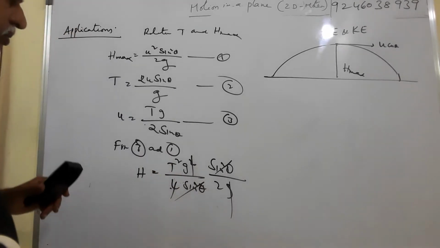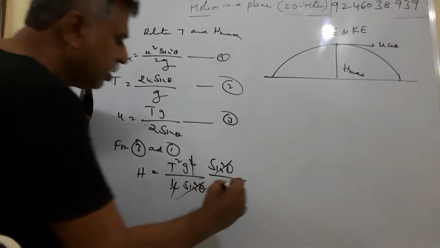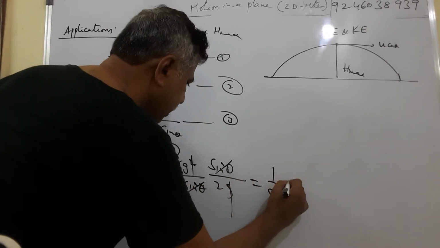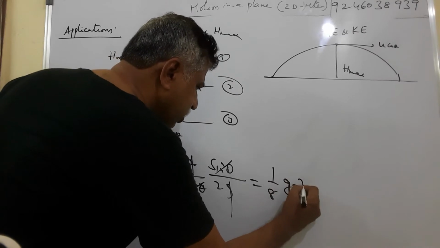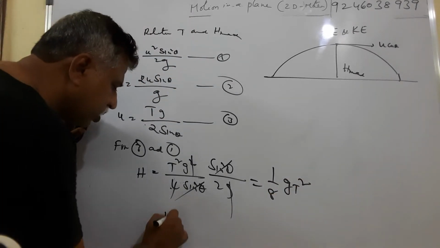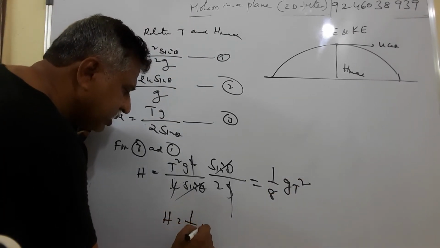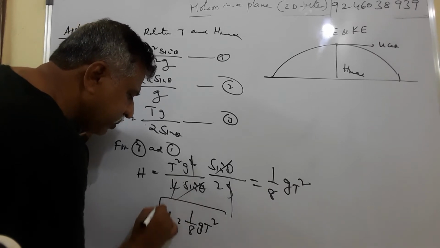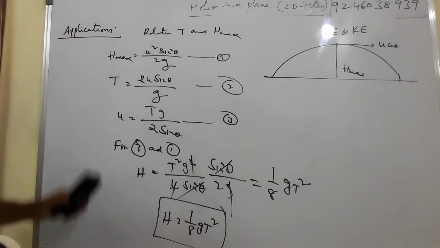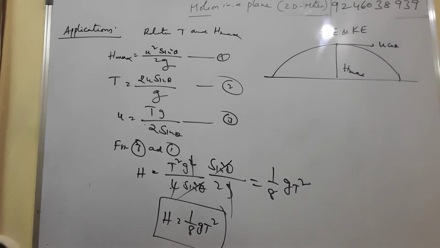It becomes 4. How much do you get? 1 by 8 g t square. h is equal to 1 by 8 g t square. This is the relation between time of flight and maximum height.